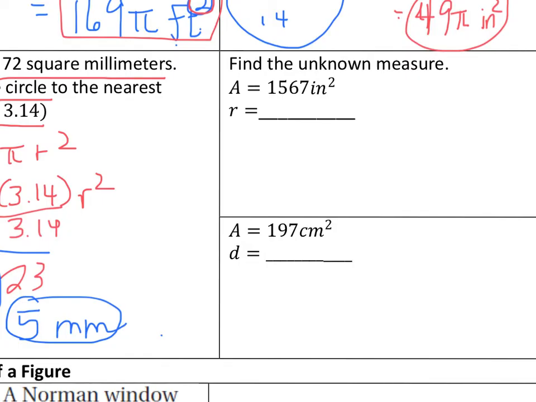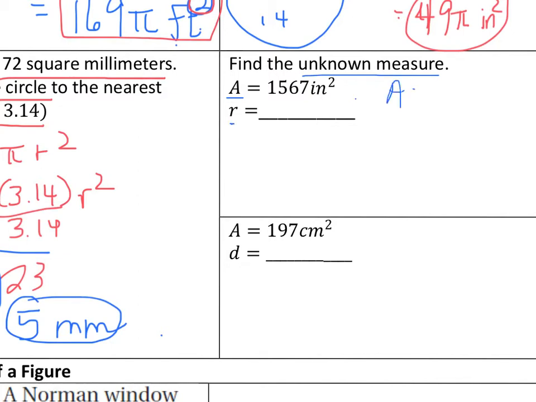Okay, let's do a few more practice problems. Find the unknown measure. If A, which stands for area, equals 1,567 inches squared, what is r, meaning the radius?